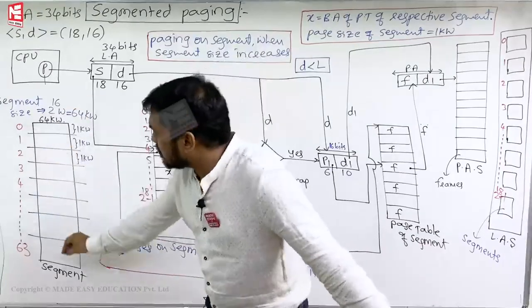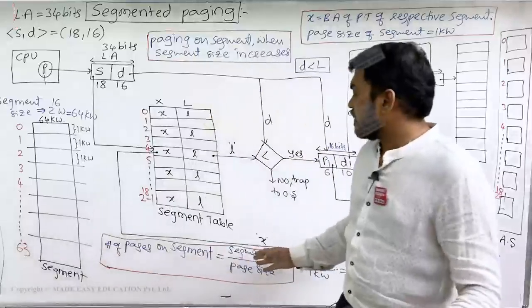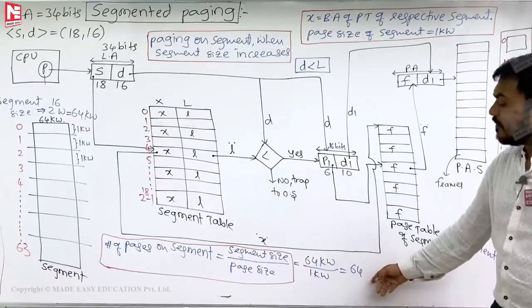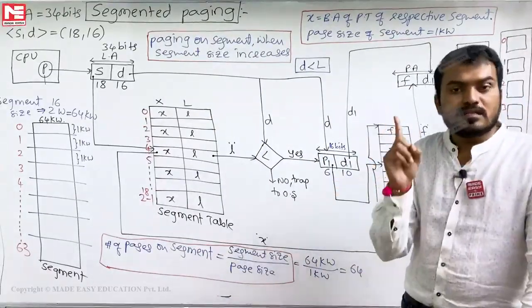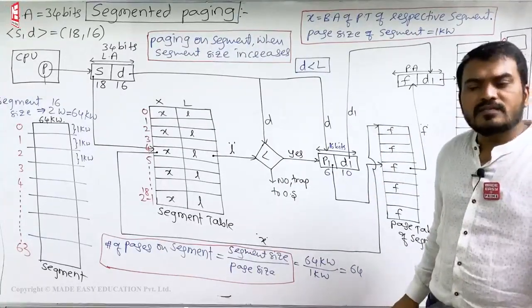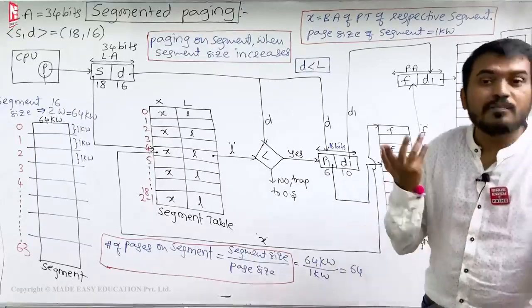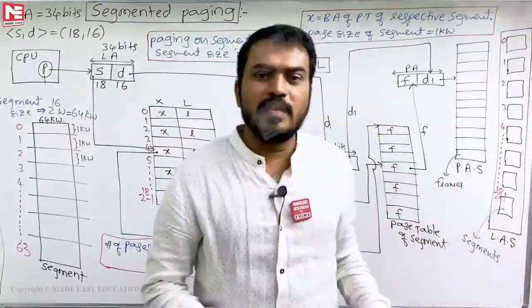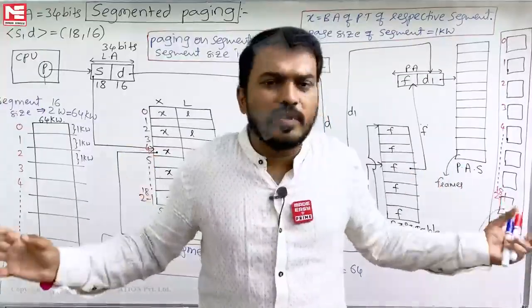When you apply paging on the segment, how many pages did you get here? 64 pages. To represent 64 pages of the segment, you also need to maintain what? Page table. Wherever you apply paging, you need to maintain the page table.